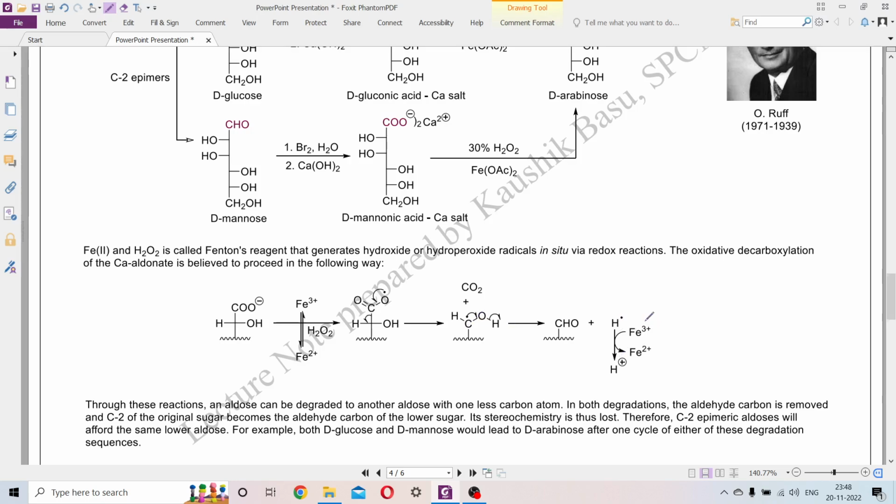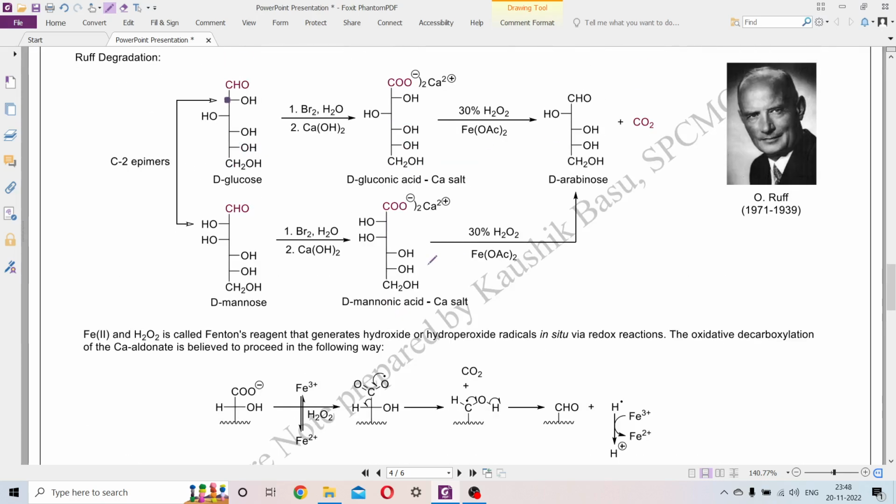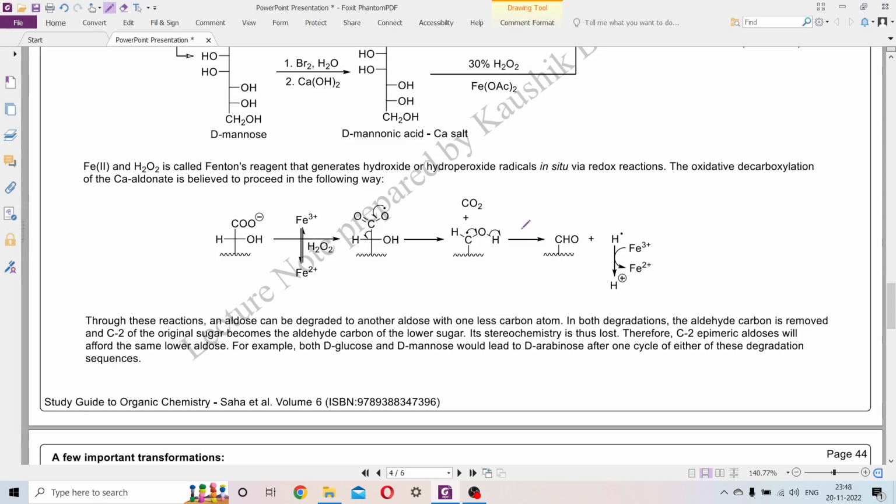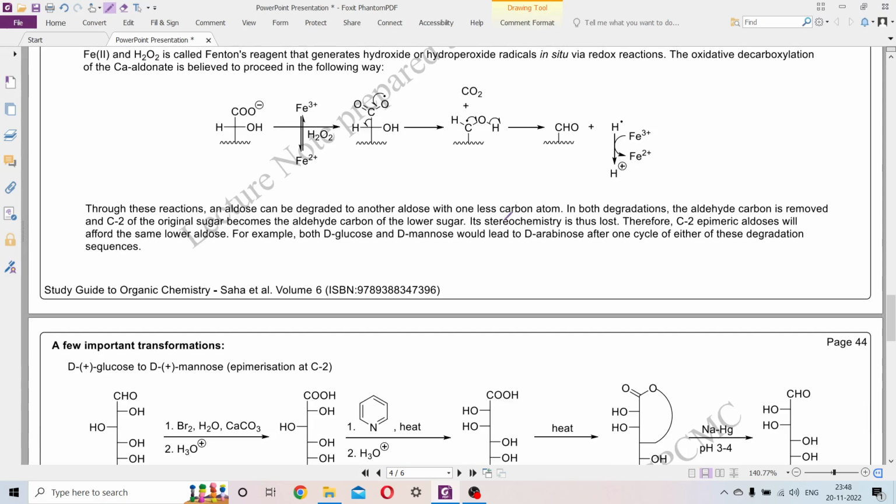So this iron 3 plus will again be reduced to the iron 2 plus, and this H dot will become H plus, and that way the iron 2 plus is constantly maintained in the reaction medium, and iron 3 plus is also constantly maintained in the reaction medium because H2O2 is present. So this is the Ruff degradation. Again, from glucose and mannose, C2 epimeric aldohexoses, you get arabinose. So that's how you do it.